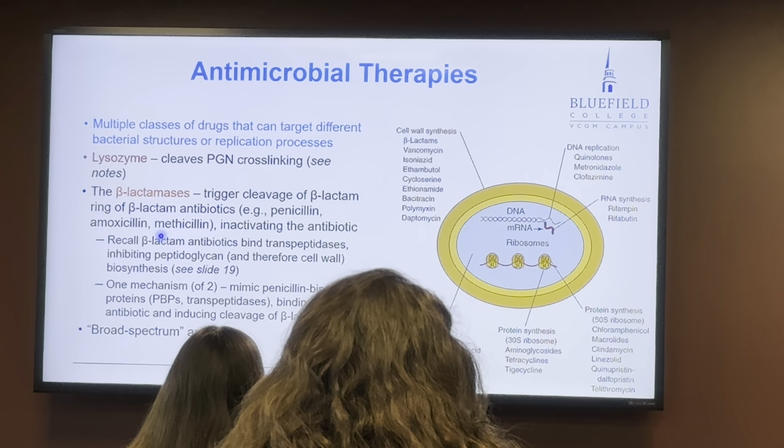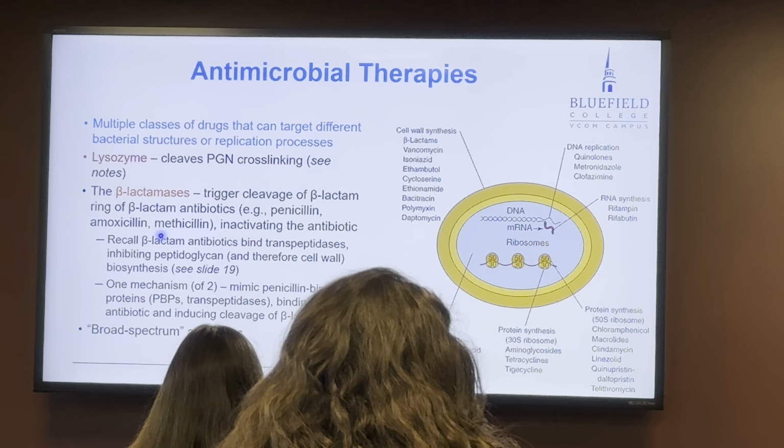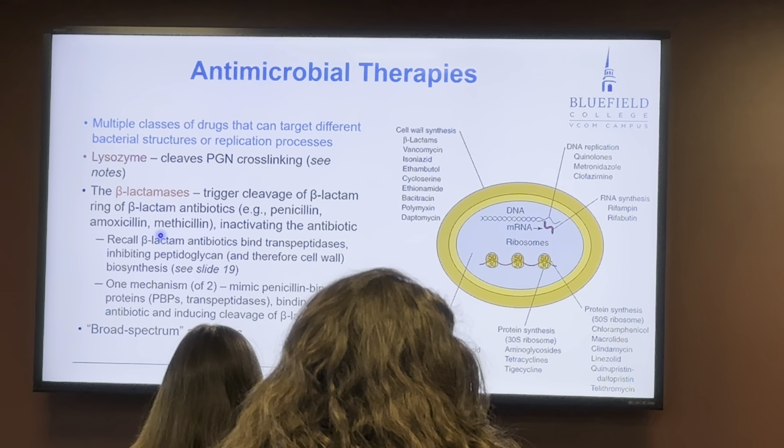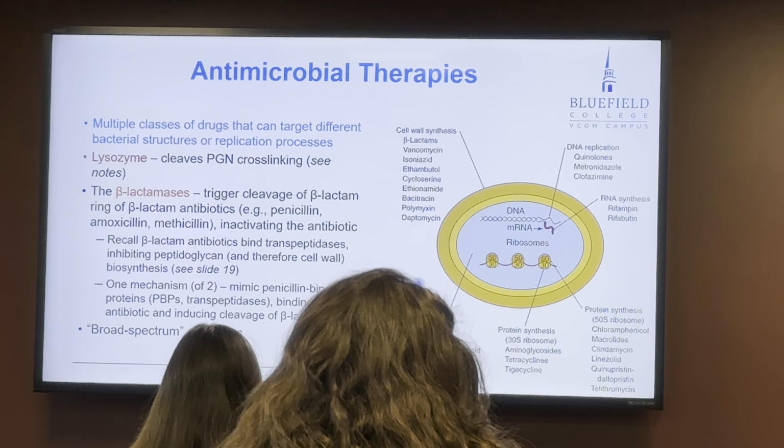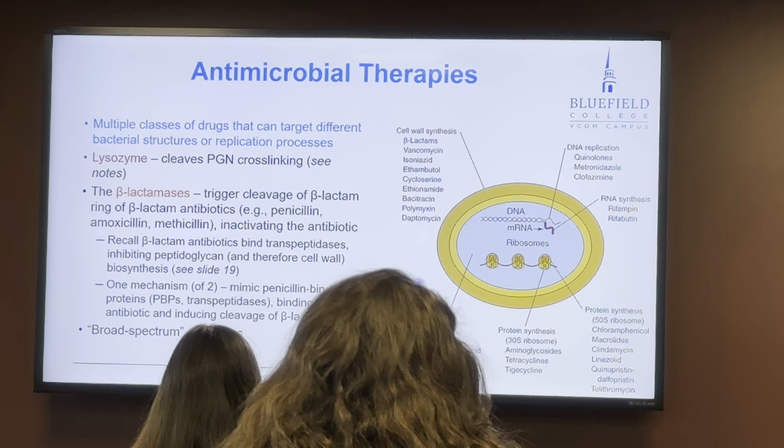Because remember, you've got that tetrapeptide hanging down from your GlcNAc molecule, and the transpeptidase is going to link those together. The beta-lactam antibiotics prevent that transpeptidase bond from being formed, right? And that's the mechanism of action of the drugs, right? So just remember that, and that's all you need to know about the drugs.